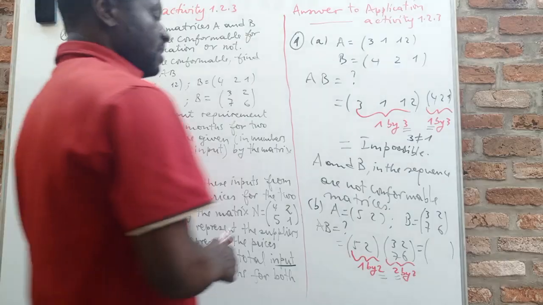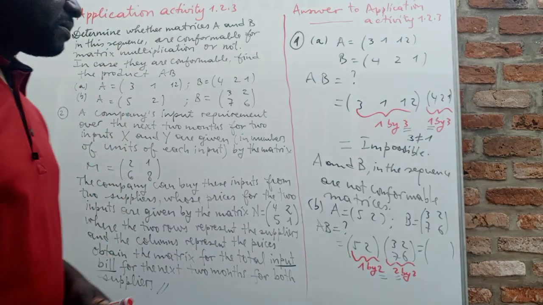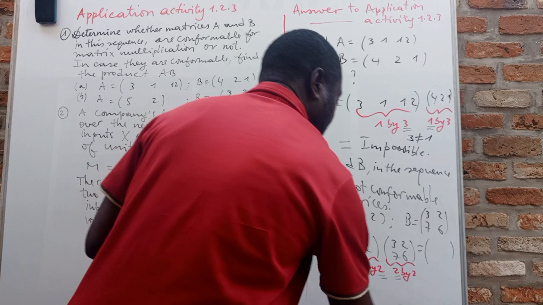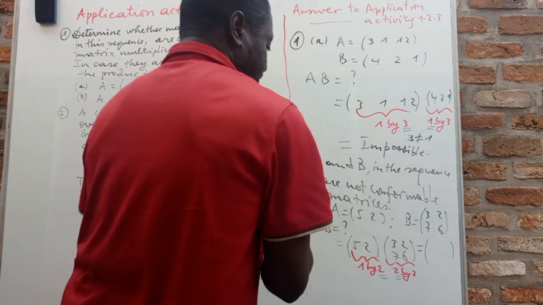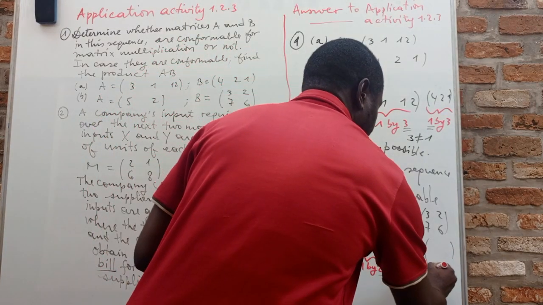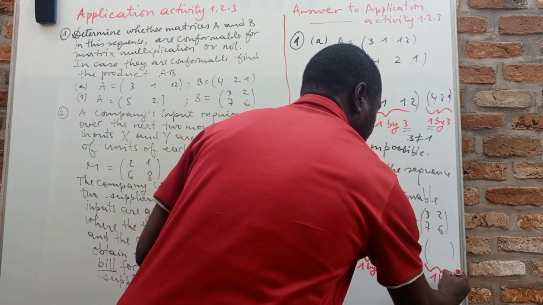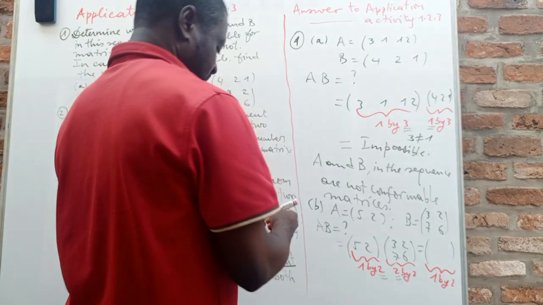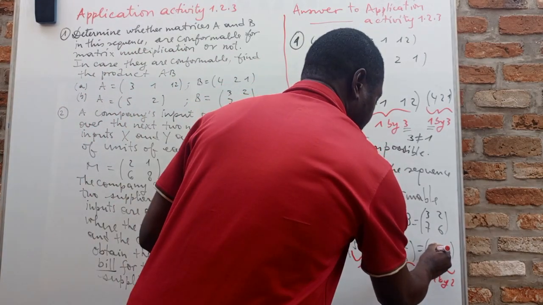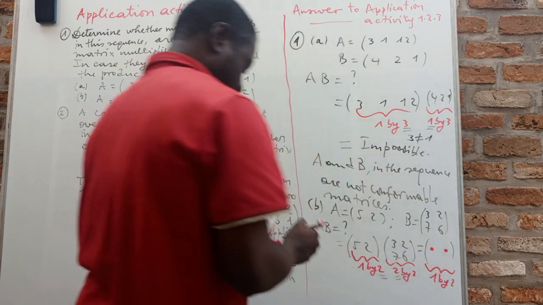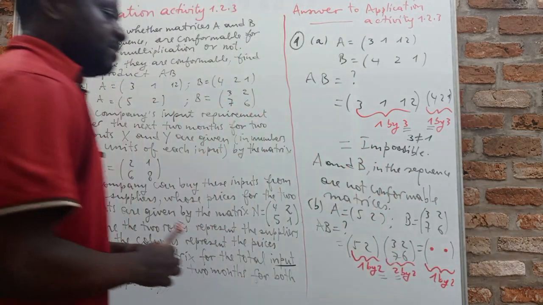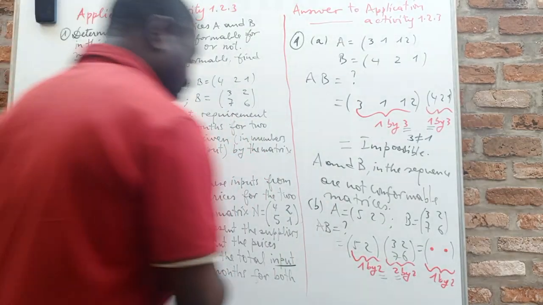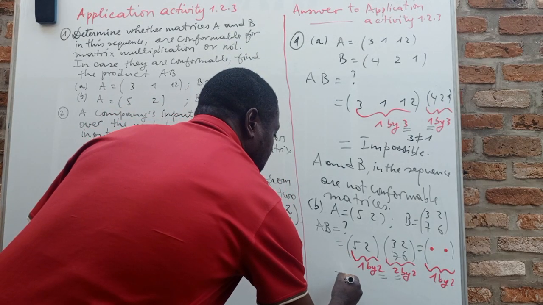So in this case the two matrices are conformable, and it is possible to find a 1 by 2 matrix. It is a row matrix, with a first component and a second component. Suppose you want to find these two components.